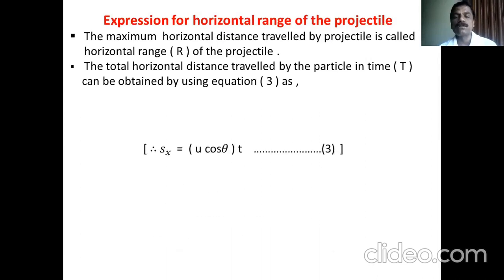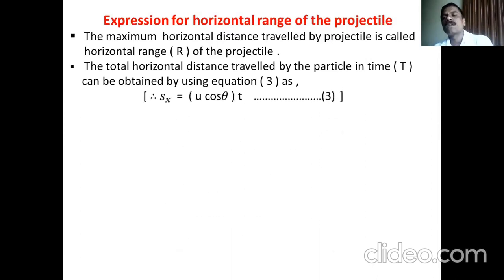So we can use the third equation along the x-axis, because horizontal range is calculated along the x-axis in terms of distance. In this third equation we can replace the symbols: on the left hand side sx, the displacement along the x-axis, is replaced with this capital R. This u cos theta is nothing but ux, into t.